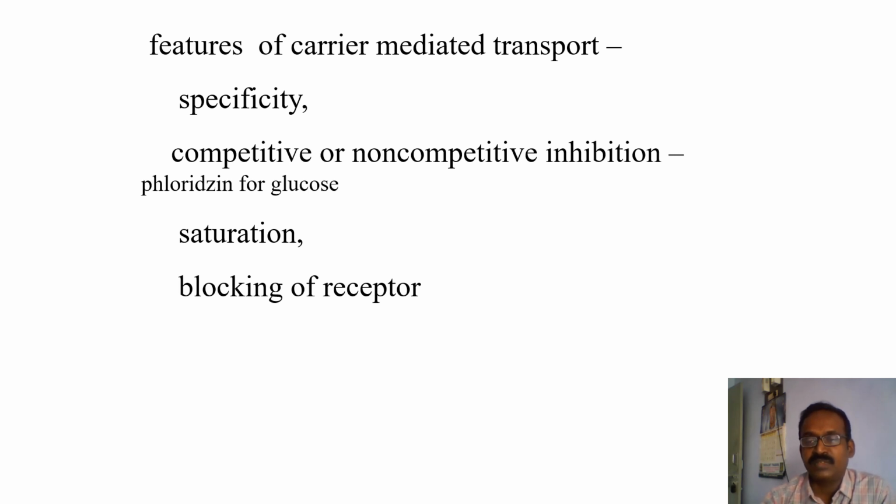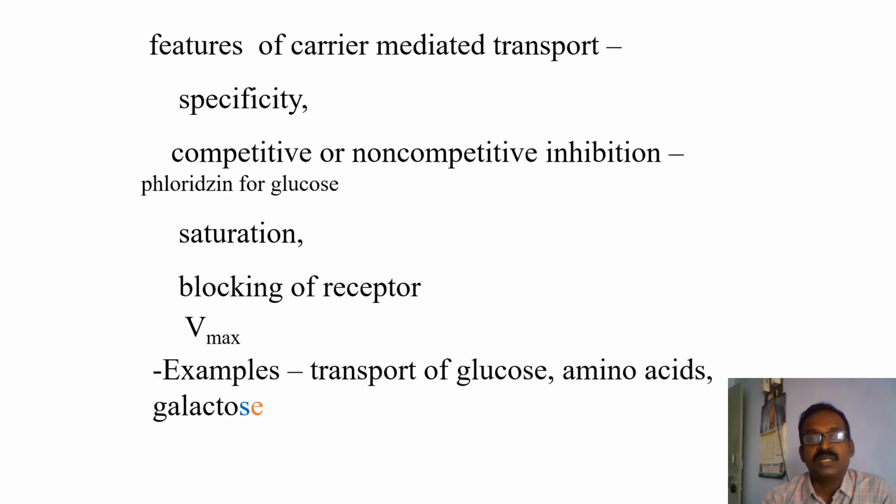Saturation means transport depends on the availability of the transporters. So the receptor can be blocked by another substance, blocking of the receptors. It has a Vmax, maximum transportation, depending on the transporters. Examples of facilitated diffusion are transport of glucose through glucose transporters, amino acid transporters, and galactose transporters.